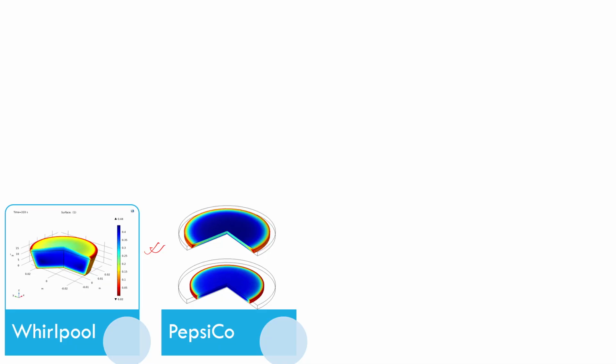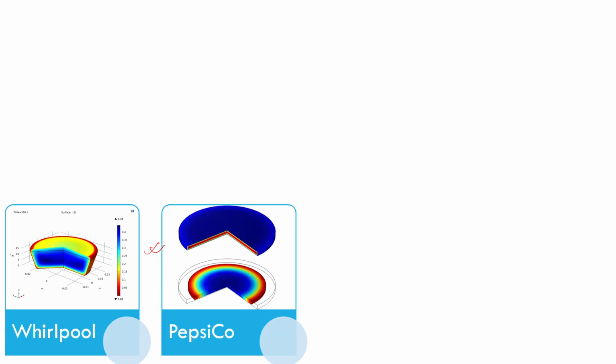Another example was with another company, in this case PepsiCo, where we were looking at how to dry a chip better. So, what combination of drying, how much microwave drying, how much air drying to get the best possible product?